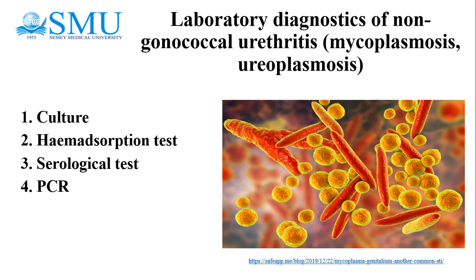The plate is then incubated at 35 degrees Celsius for 30 minutes. It is occasionally rotated during this time. It is then washed with 3 milliliters of Mycoplasma broth medium by gently rotating the plate.